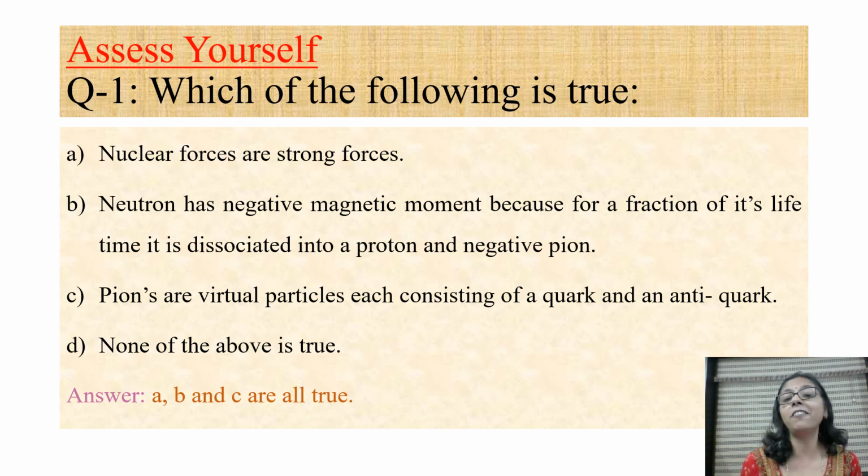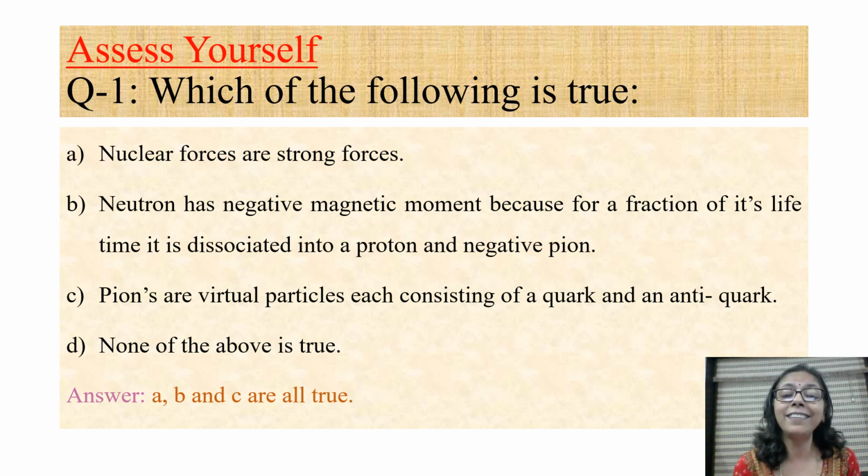Neutron has a negative magnetic moment. Now this is very important. Very interesting. Neutron has a negative magnetic moment because for a fraction of its lifetime, it is dissociated into a proton and a negative pion. Very, very important. If you remember the slide where I had given you different types of nuclear interactions, it was there.